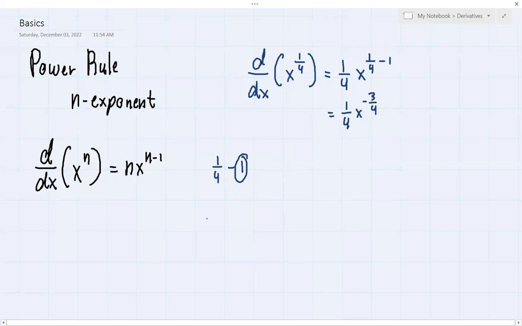Terms that are not written as fractions have an invisible denominator of 1. For example, x can also be x all over 1. Right? 3 can also be 3 all over 1. Okay? So that means negative 1 can also be negative 1 all over 1. Then now, let's apply the butterfly technique.